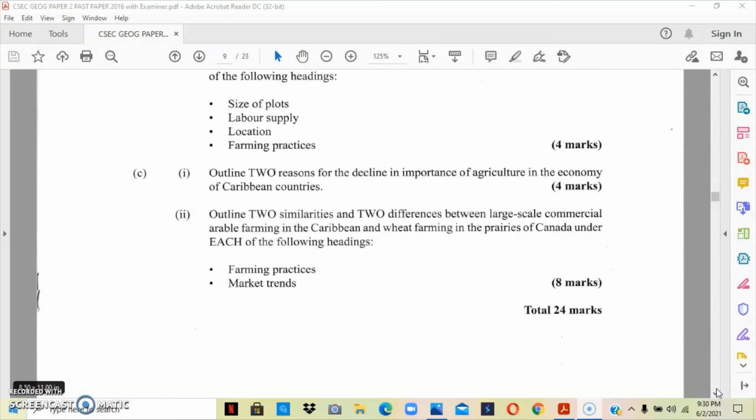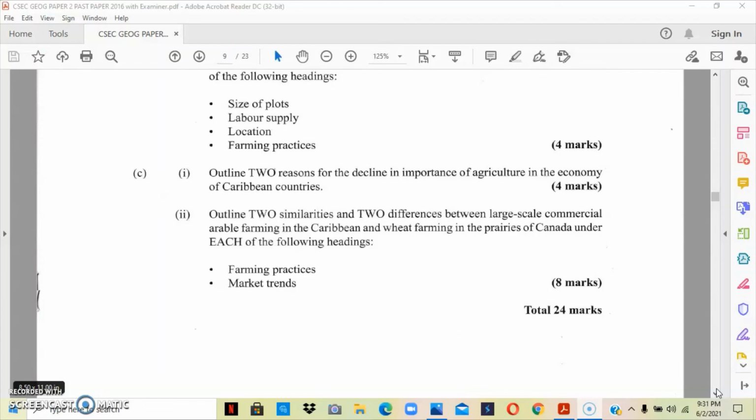Now, in the Caribbean and the prairies of Canada, they both practice monoculture, meaning one main crop. So the prairies focus on wheat, and in the Caribbean, depending on where you're looking, they focus on sugarcane or banana, right? So there's always one main crop.